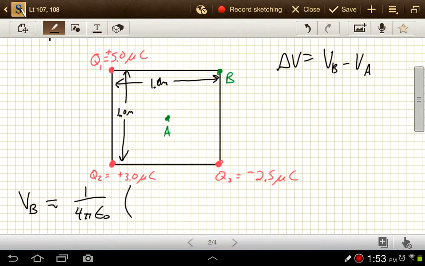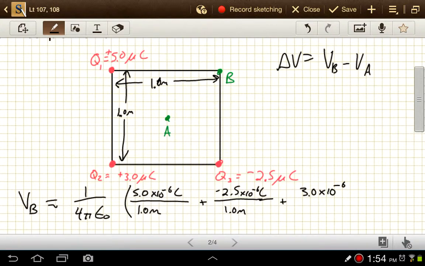So we've got 5.0 microcoulombs is times 10 to the negative 6th coulombs, divided by our distance to point B, which is 1.0 meters, plus a negative 2.5 times 10 to the negative 6th coulombs, divided by the distance to that Q3 here, which is also 1 meter, plus our last charge, 3.0 times 10 to the negative 6th coulombs, divided by this distance right here.